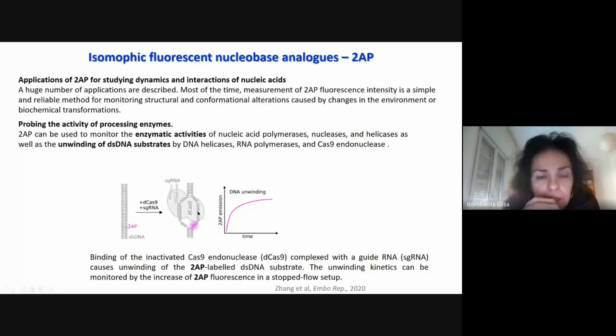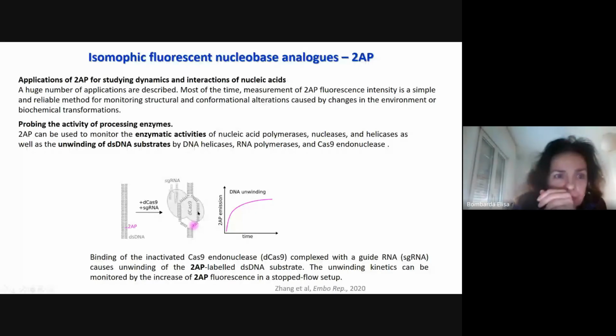and can be used anyway, with some care in the analysis for all the reasons that we said, to study the dynamics and the interaction of a nucleic acid.